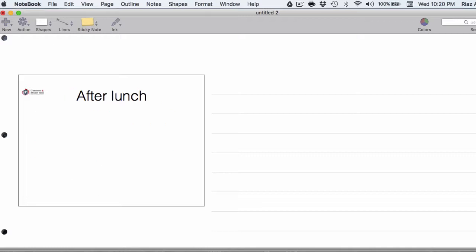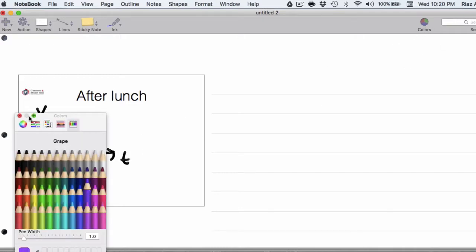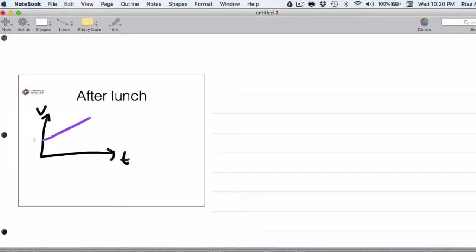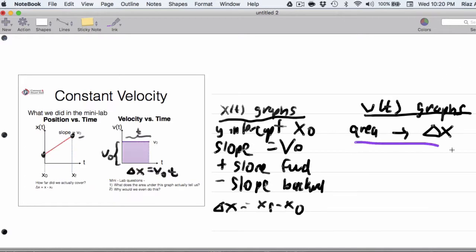Now, what did we do with this physics? If you remember, we took this idea of v versus t, and here's what we concluded. We said, hey, if I graph it like this, if this is v naught and this is some v final, the key idea is the area of a v versus t graph gives us the displacement.